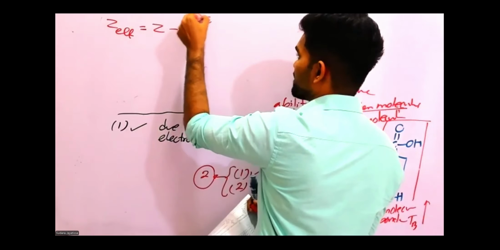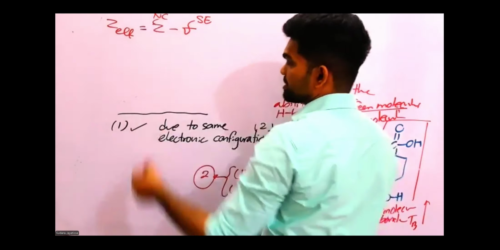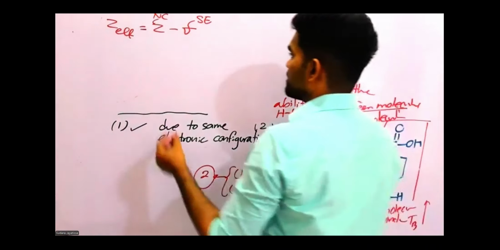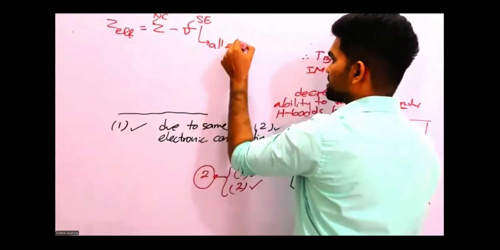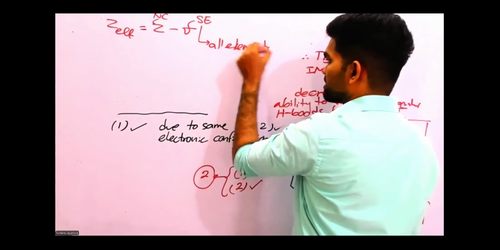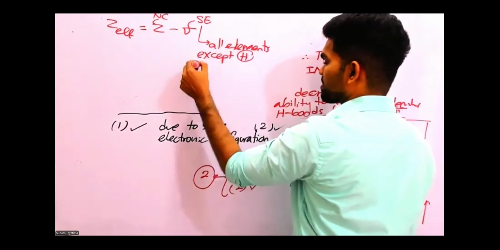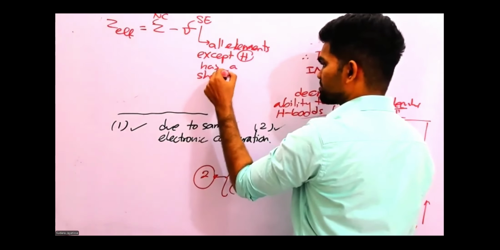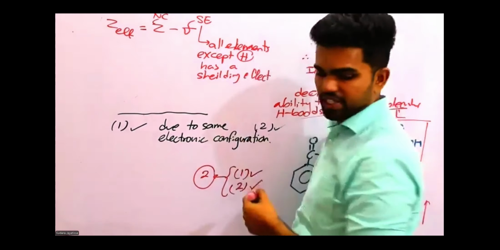Sigma is the shielding effect, and Z is your nuclear charge. So all elements except hydrogen have a shielding effect. Hydrogen doesn't have any shielding effect.